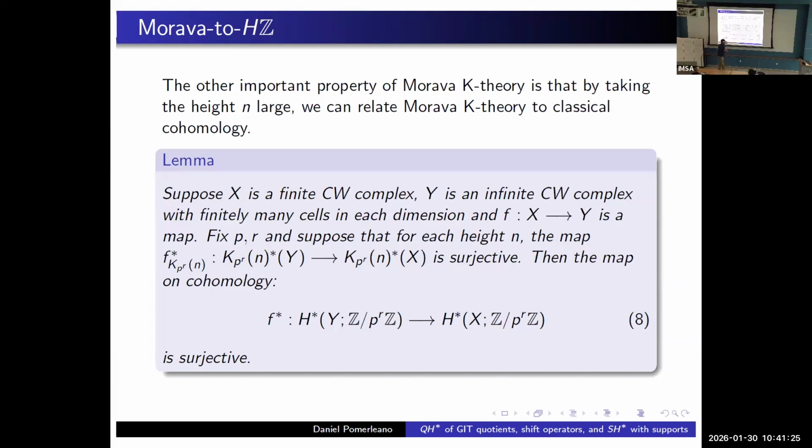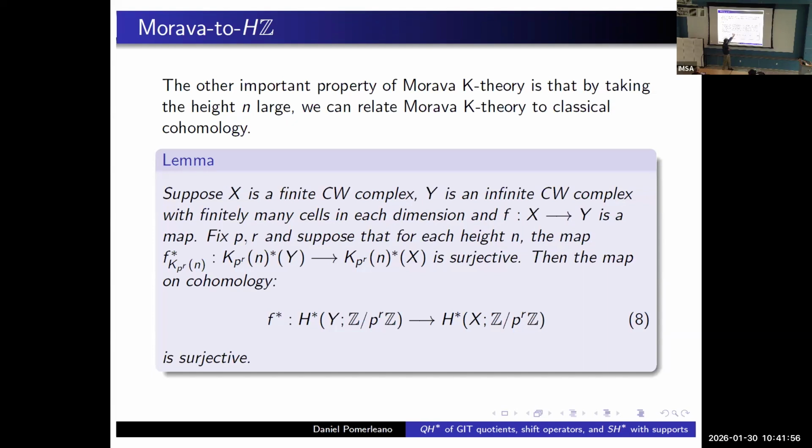Or in the orbifold case, at least if I can work with the orbifold, let's just say I can as long as my prime is disjoint from the stabilizers, it basically behaves like a manifold. Then suppose for every height I have surjectivity. All I really need is a sufficiently large height. Then the map on cohomology is actually surjective.